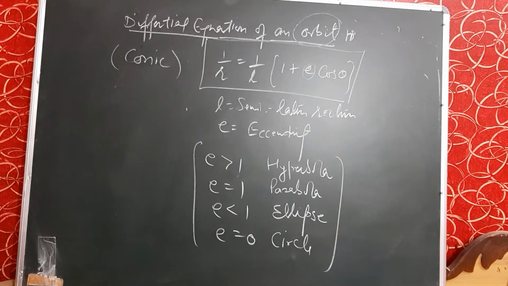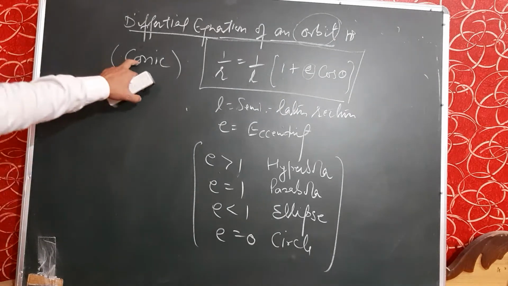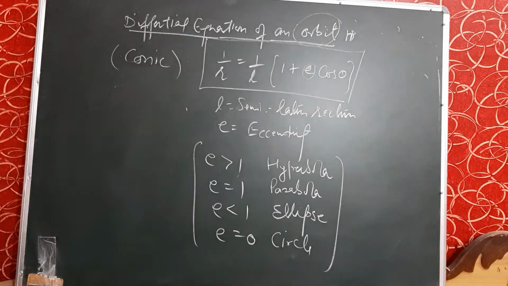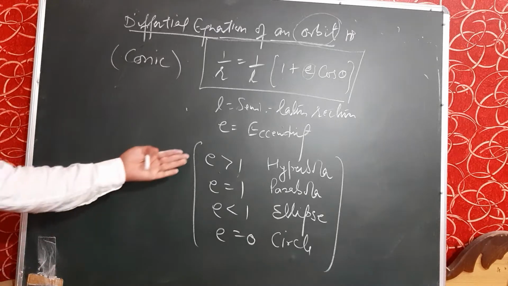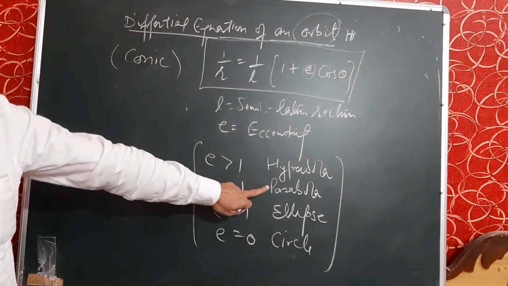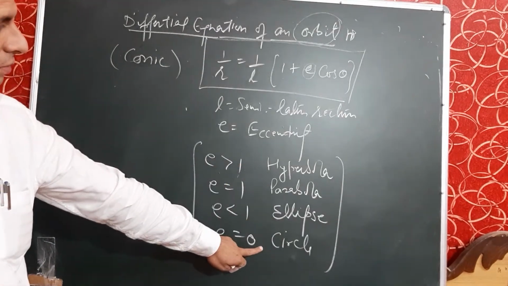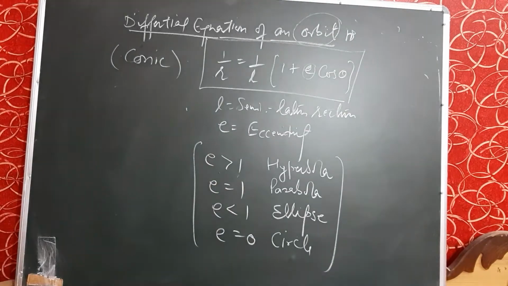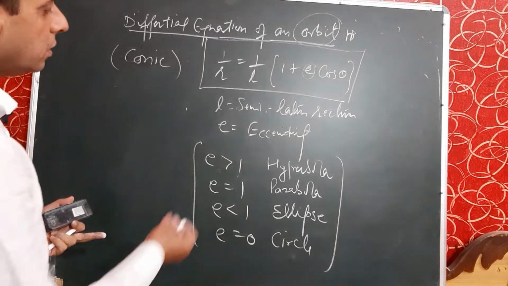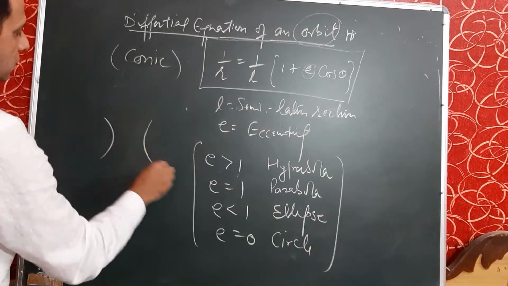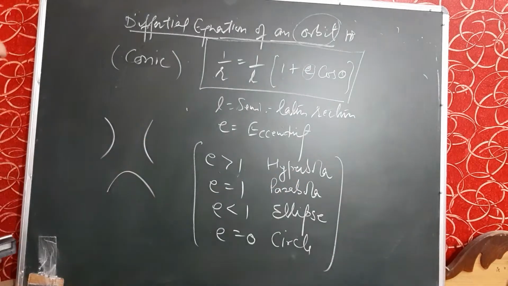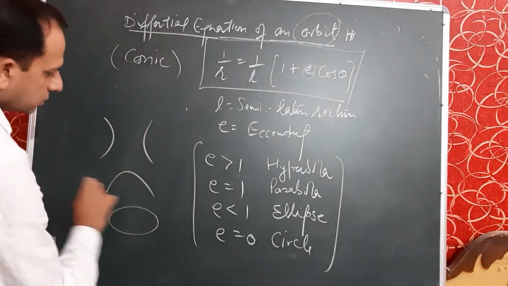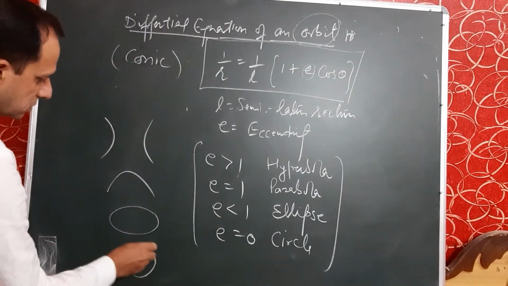So, this equation of conic means any one of the 4. All these, either hyperbola, parabola, ellipse or circle, have a curved nature. You know that hyperbola means just like this, parabola means like this, ellipse like this, and circle is circle.